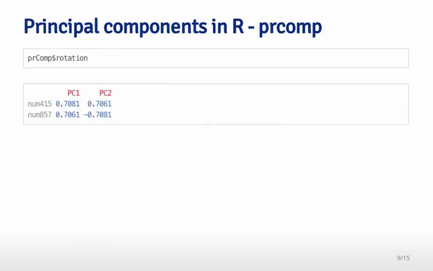The thing that you can also look at in this principal component object is the rotation matrix, which is basically how it's summing up the two variables to get each of the principal components. Here you can see why I put 0.71 in the sum and the difference on the first slide. Principal component 1 is just 0.7081 times num415 and 0.7061 times num857.